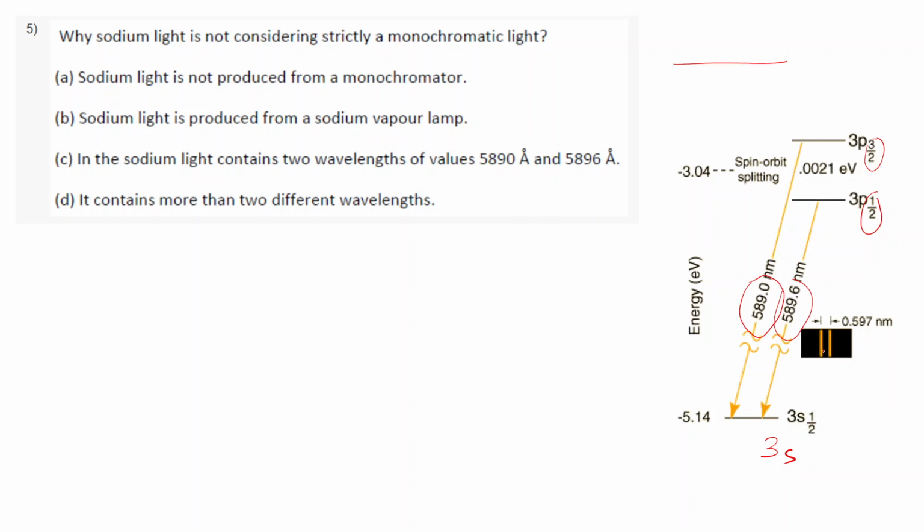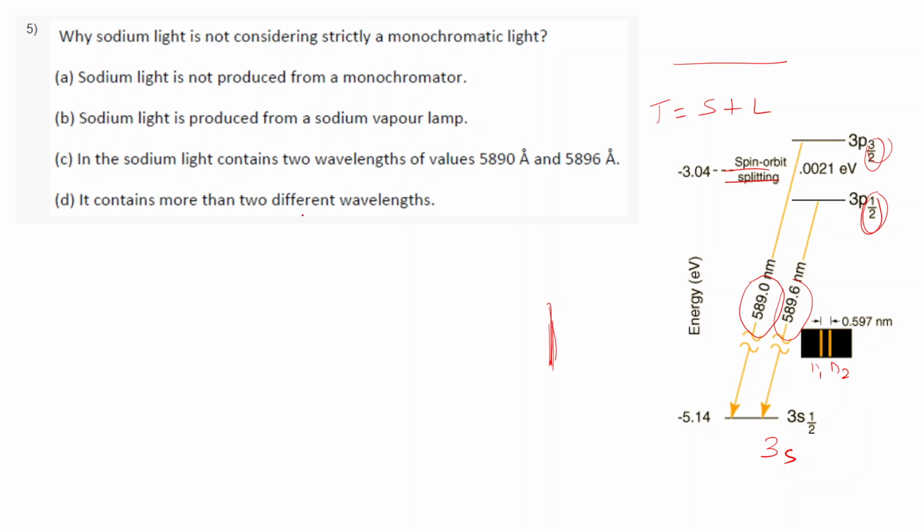If we don't use that high resolution telescope, we will just see a single yellow emission line. But with a high resolution telescope, we see that there is a 6 angstrom difference between the D1 and D2 sodium vapor source wavelengths. This happens because of the spin orbit coupling, the coupling between spin and orbital angular momentum, which gives us the total angular momentum, 3/2 and 1/2. If required, we can discuss this in detail later.